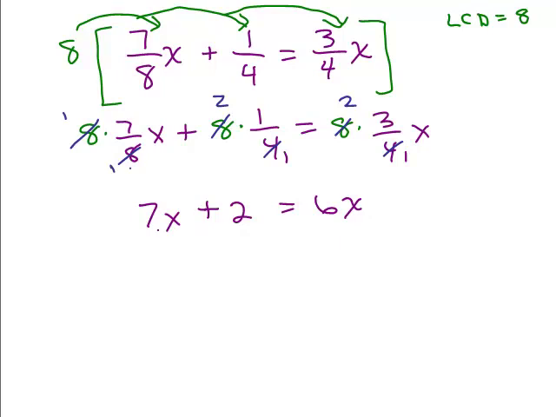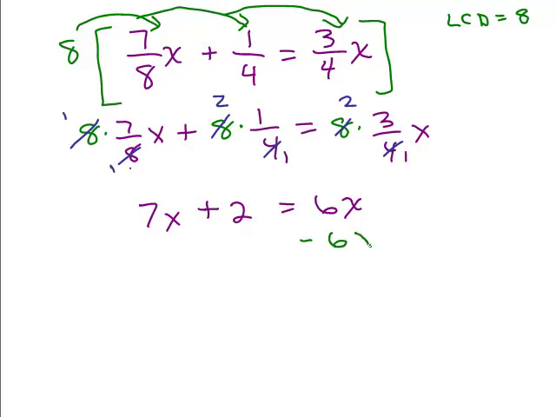Now, you can either subtract 7x from both sides so that your x term will be on the left-hand side, or you can subtract 6x from both sides to get the x on the left side. Here's what I notice. If I subtract 7x, I'll have a negative number over on the right. So I'm just going to do it differently.